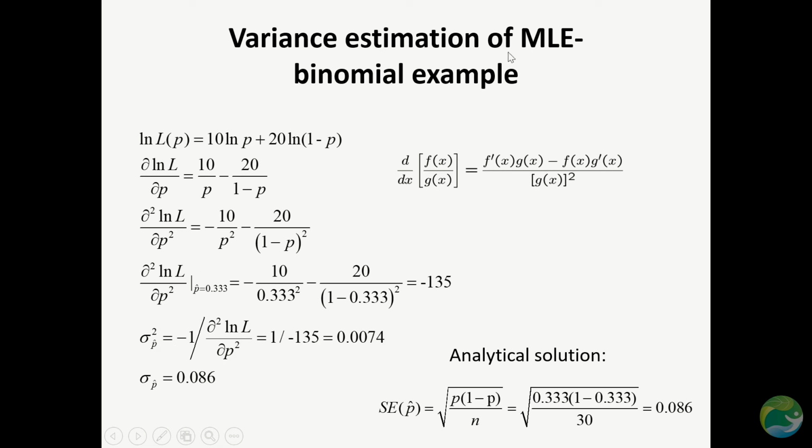For example, in the binomial case, we take the second derivative and do the inverse. And this value is the sigma square. And the sigma value is this value. Okay?